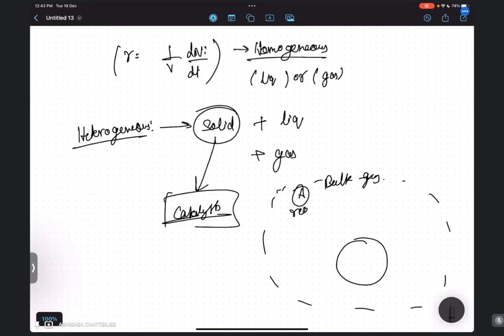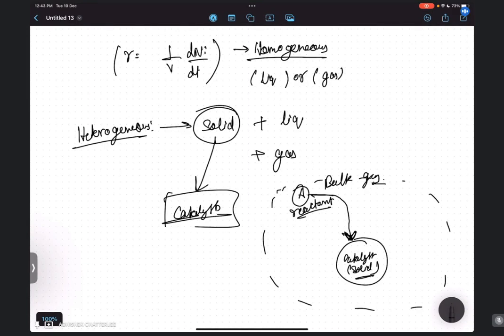So first what will happen is that this reactant A from the bulk gas will diffuse onto the surface of this catalyst, that is your solid phase. Now, whenever we introduce this solid phase catalyst, the overall reaction becomes solid phase plus gas phase, so two phases are present. That's why it becomes heterogeneous. Clear? In homogeneous, it was either purely liquid phase or purely gaseous phase.